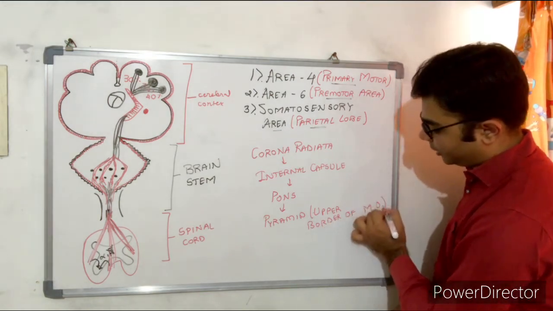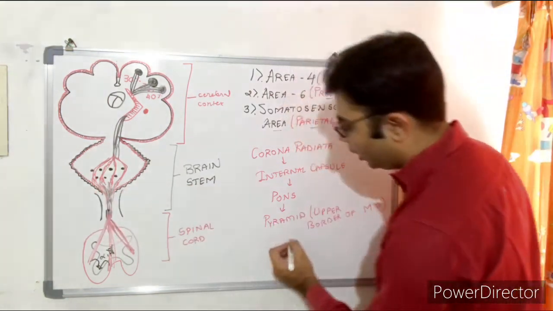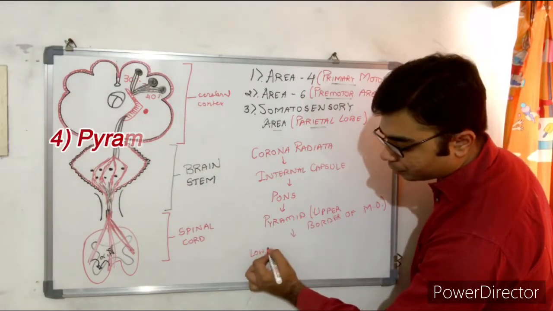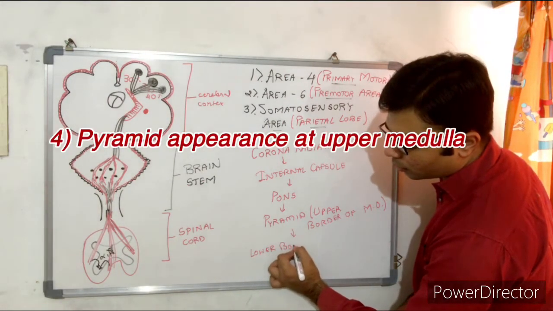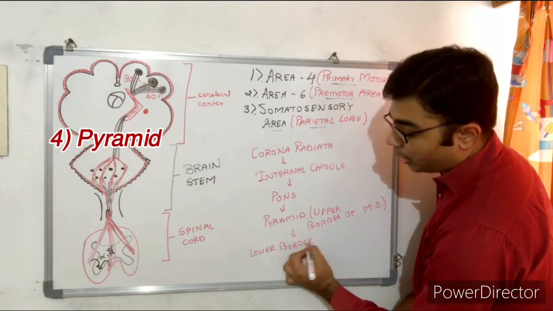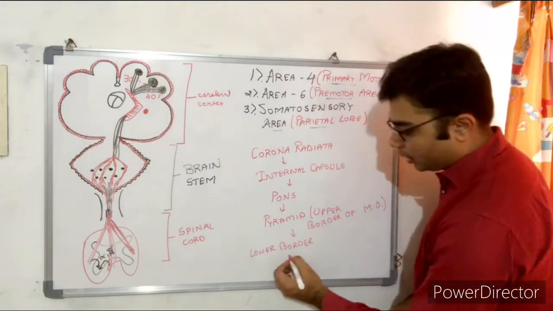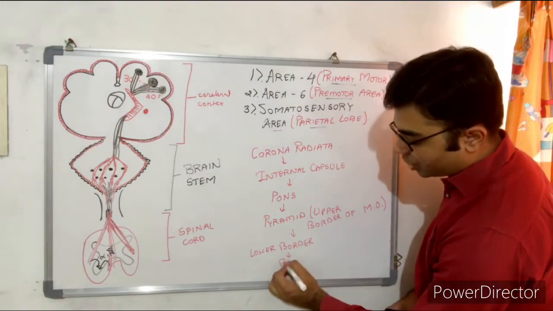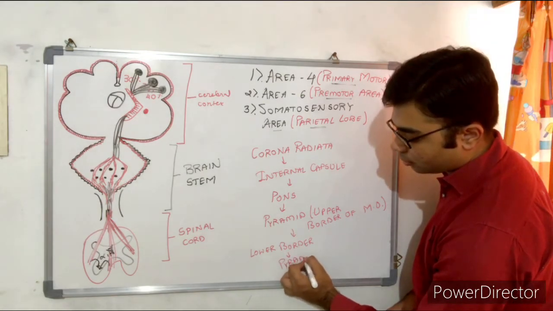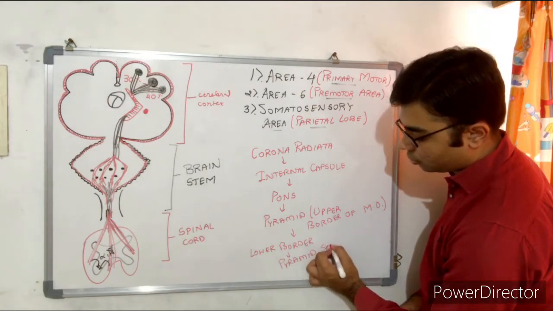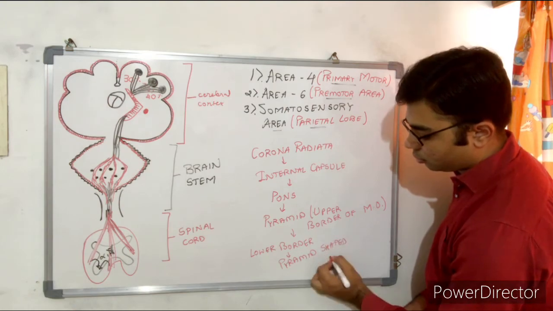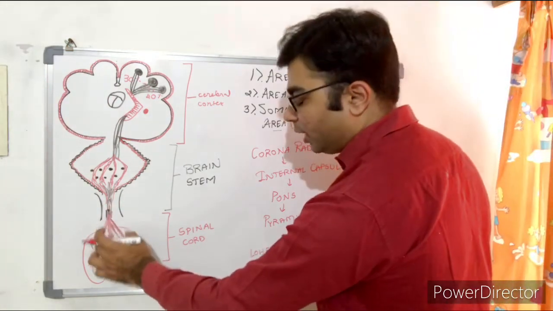In short form, I write it as MO, that is medulla oblongata. And at the lower border, it again converges and gives a pyramid shaped appearance in the spinal cord.